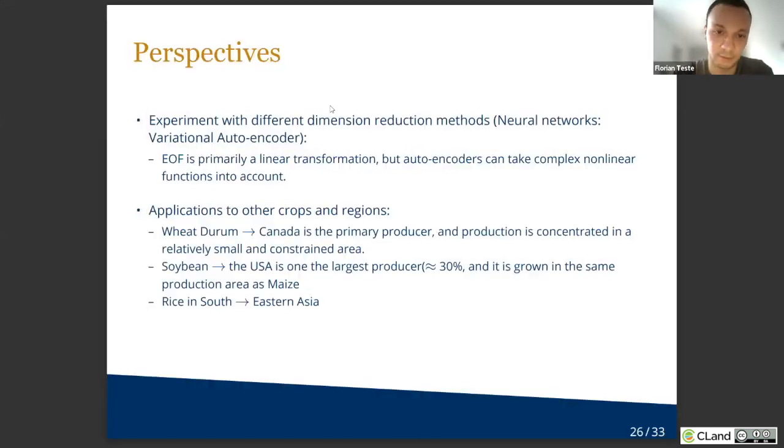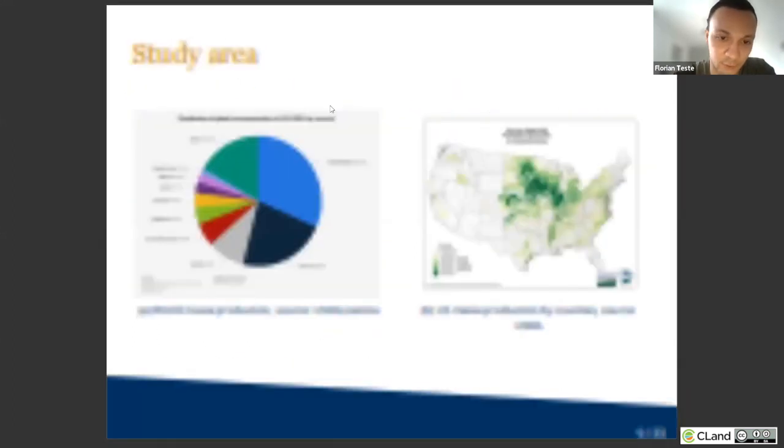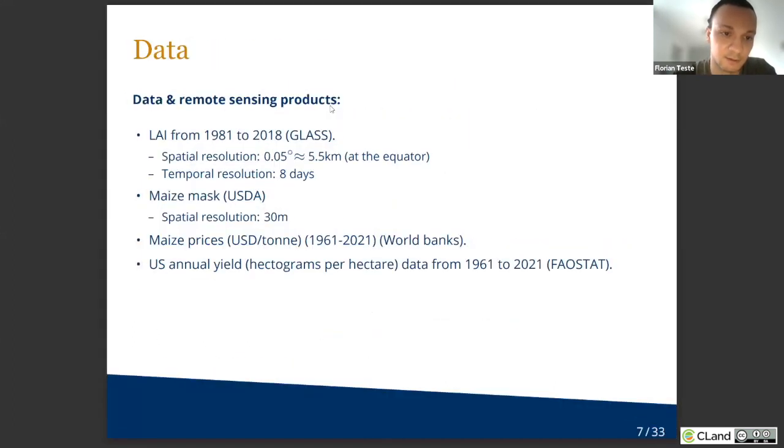We use the data from the USDA. They produce a corn mask. It's freely available. That's also an issue for us because they don't have corn masks for every year since 1981, so we have a static corn mask. That's a limitation. Okay, I understand. Thank you.